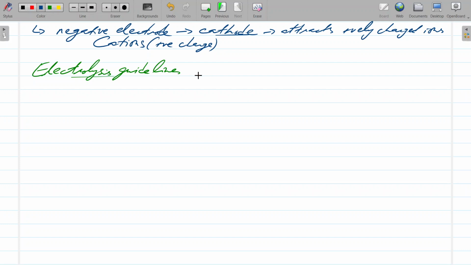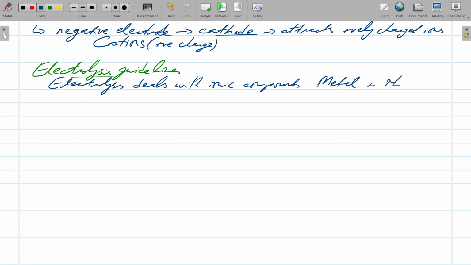Because we are dealing with ionic compounds, which in most cases is metal plus non-metal, we remember from ionic bonding that metals lose electrons, so metals are the cations, and the non-metals are the negatively charged ones, because they're gaining electrons.